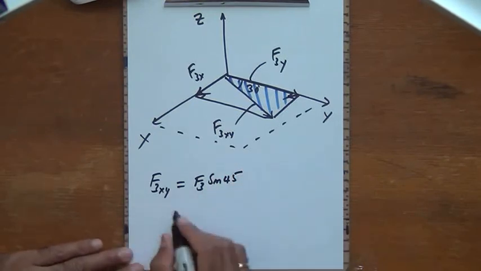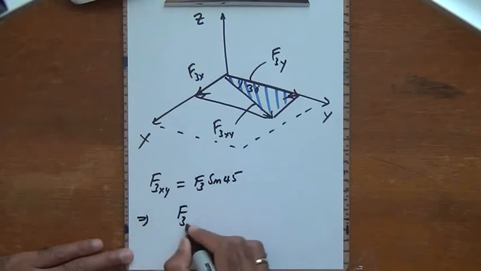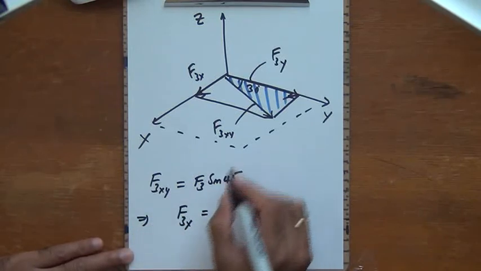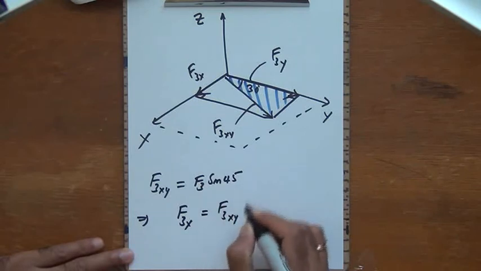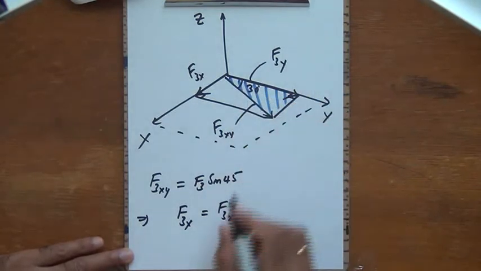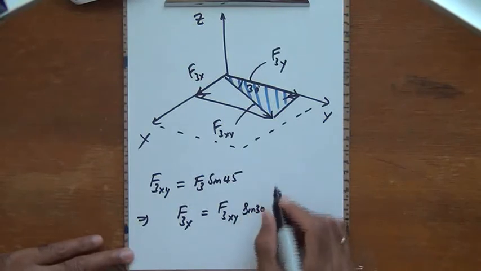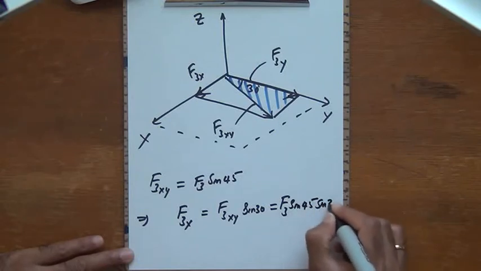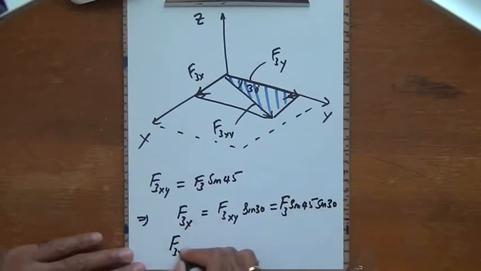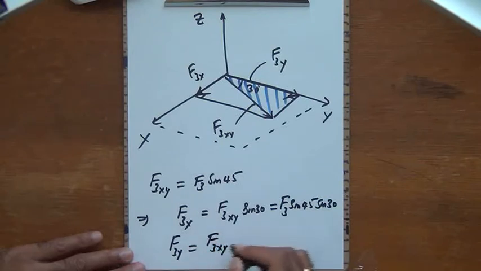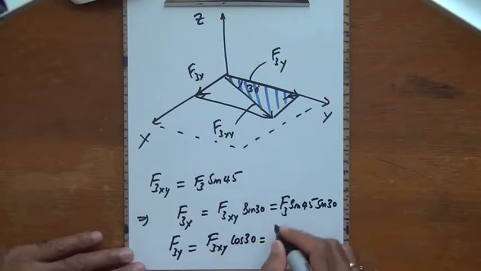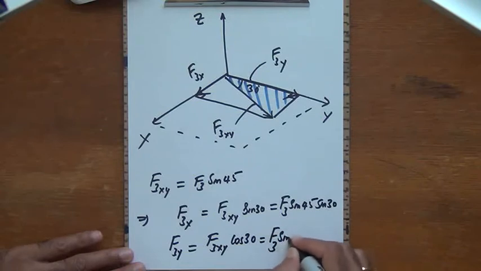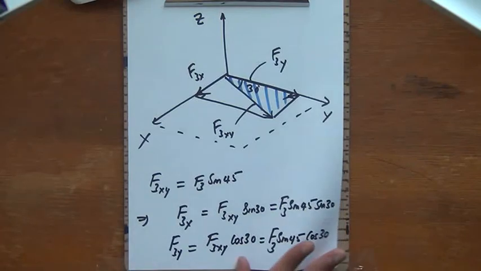F3 was 300 newtons, which means that F3x is going to be F3xy, and you see that the 30-degree angle is here, so this is going to be sine 30, or this is going to be F3 sine 45 sine 30, and F3y is F3xy cosine 30, or this is F3 sine 45 times cosine of 30 degrees. So I have all the components for F3, so I'm going to write out F3 in its Cartesian form.